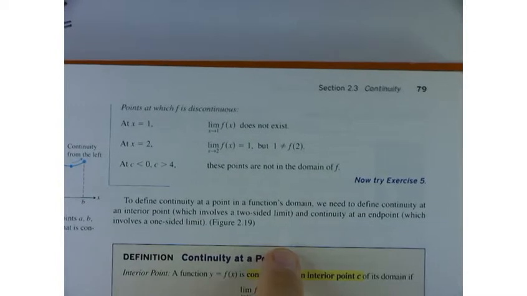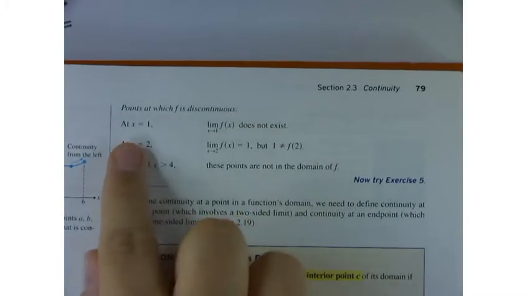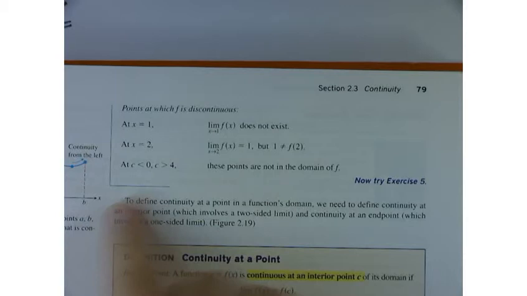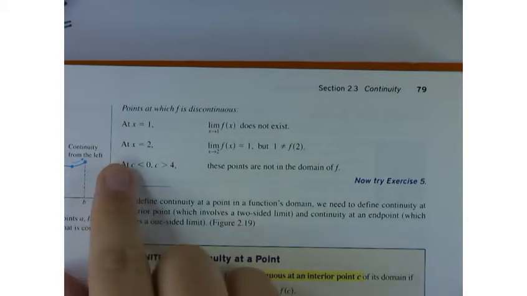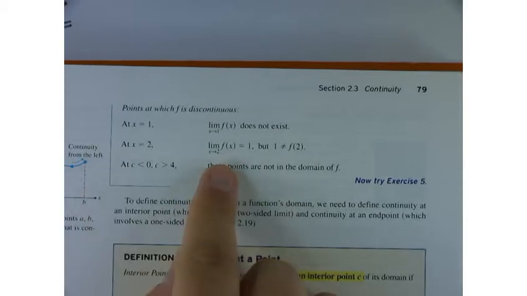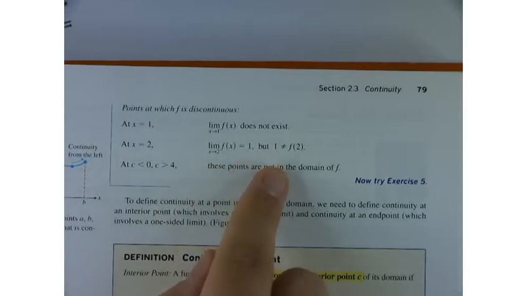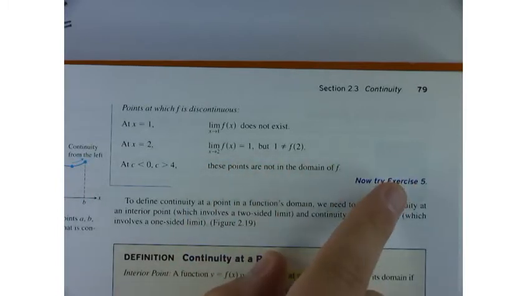Well, it says that the limit doesn't exist at 1. Okay. And it says here at 2 that the limit of the function is 1, but 1 does not equal f of 2. Okay.